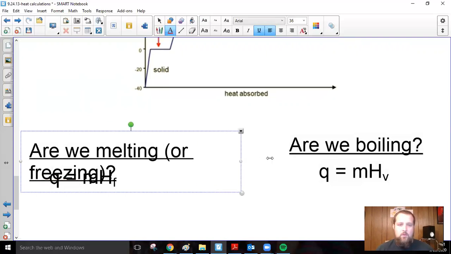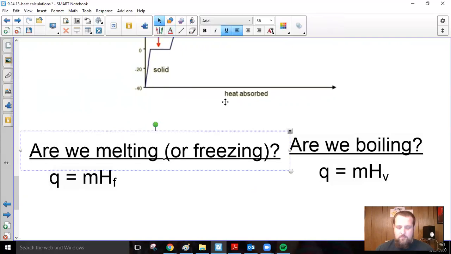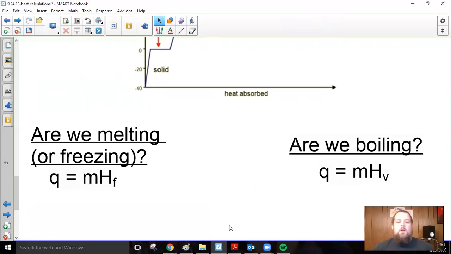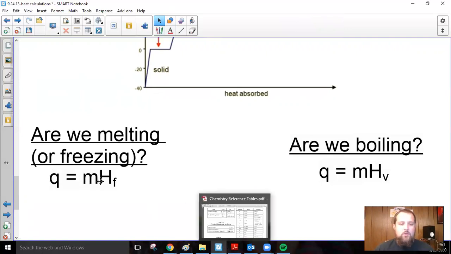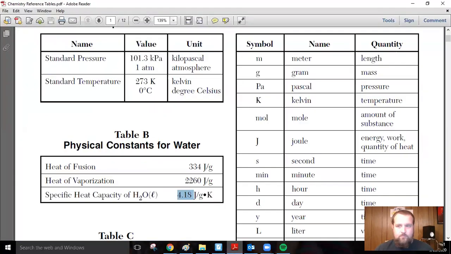And the same for the other one is boiling or condensation. Sorry, messy. And you'll notice about these formulas, they don't have anything to do with a change in temperature, which is important because during melting and boiling, the temperature doesn't change.